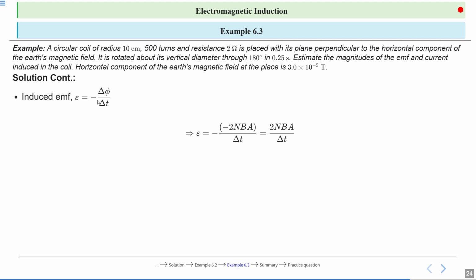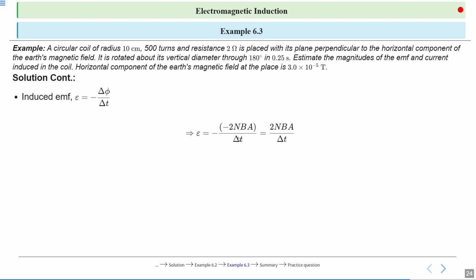Now we are not using n in this expression of EMF because n appears eventually here. If we wouldn't have used n in the expression of phi, then we have to multiply it with n here.